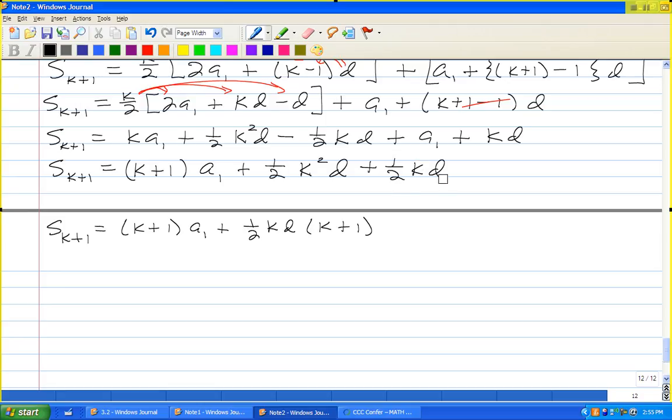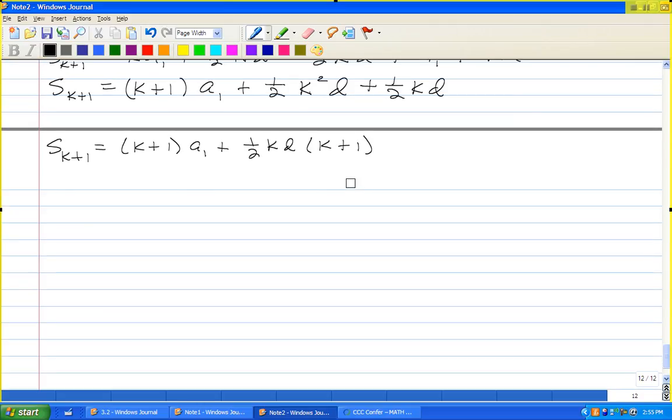Factoring out the 1/2 kd. Okay, so now I have S sub k plus 1 is equal to, let me factor out the 1/2 k plus 1.